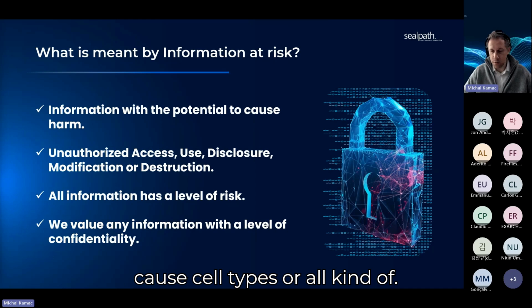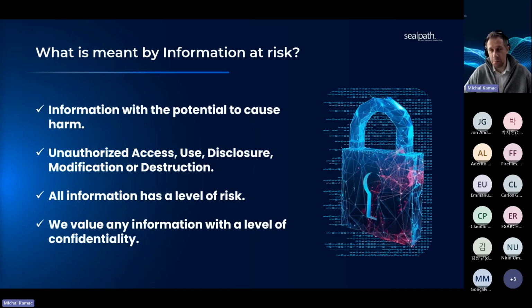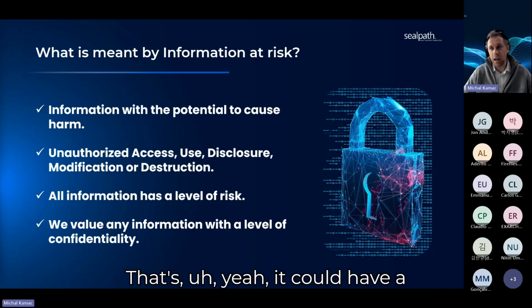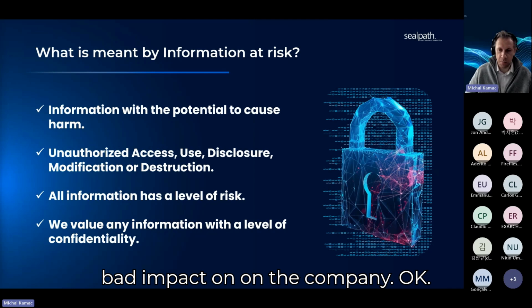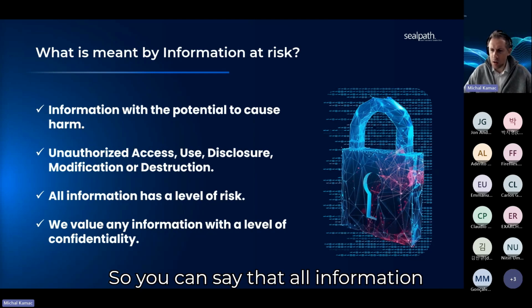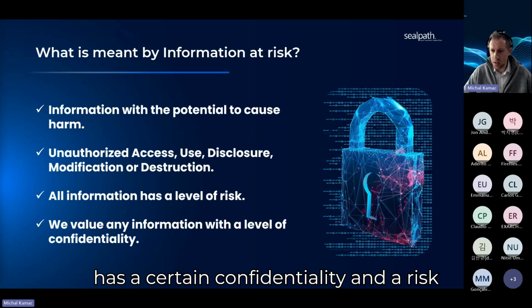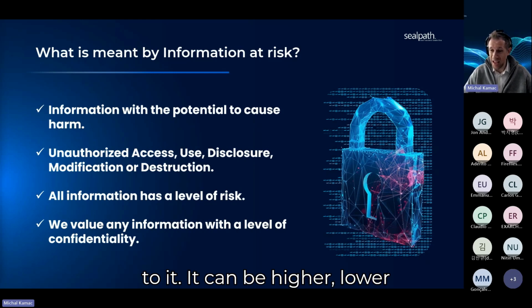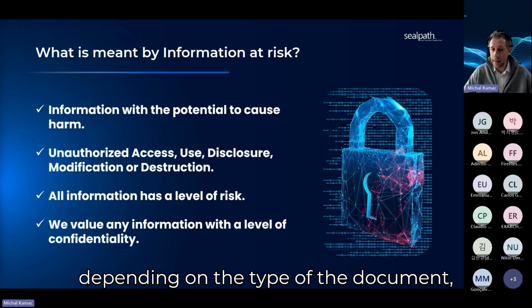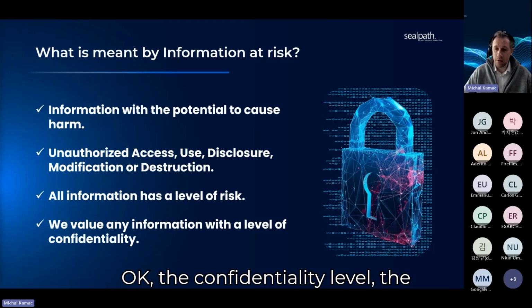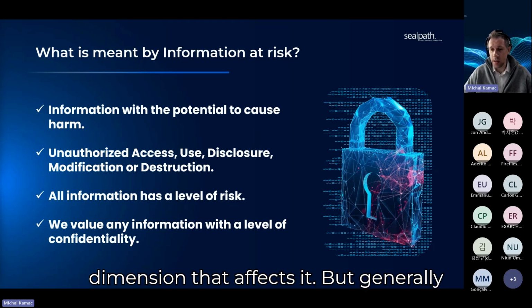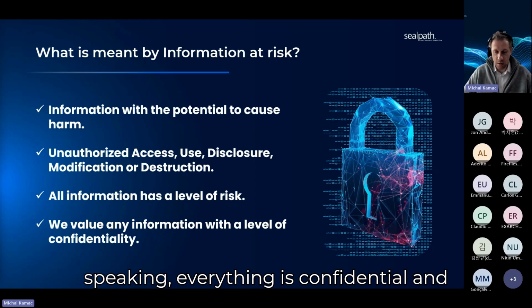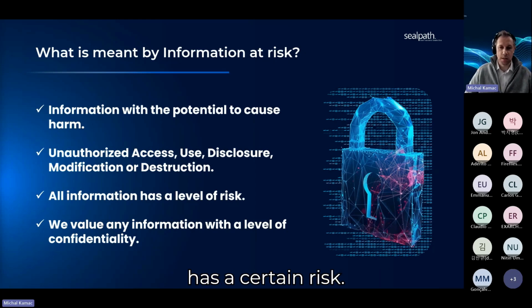It could have a bad impact on the company. So you can say that all information has a certain confidentiality and a risk to it. It can be higher or lower, depending on the type of the document. But generally speaking, everything is confidential and has a certain risk.